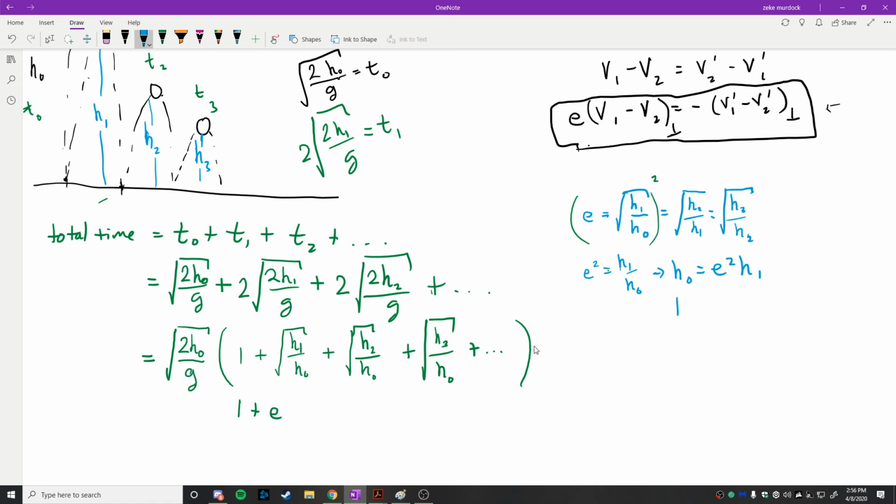And we can continue this process for the second equation. We would get h1 is equal to, I think, e squared times h2, and h3 is equal to e squared times h4. Wait, it's 0 to 1. h1 is equal to e squared h2, and then, oh, the last one's h2. I got it backwards, my bad.